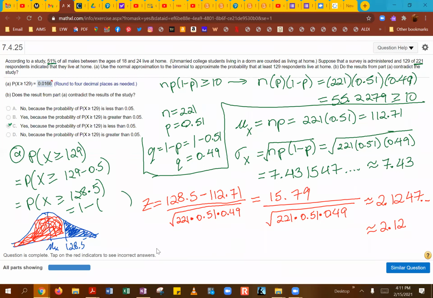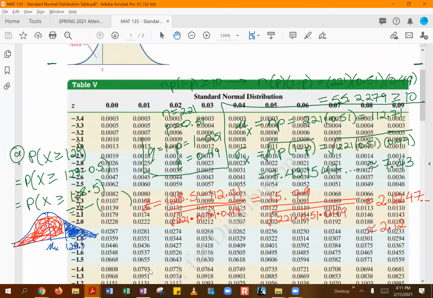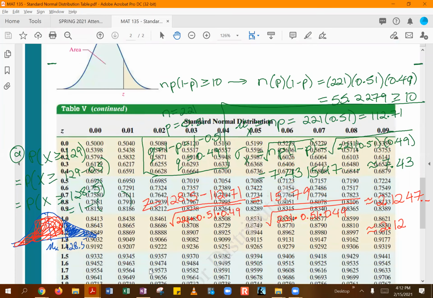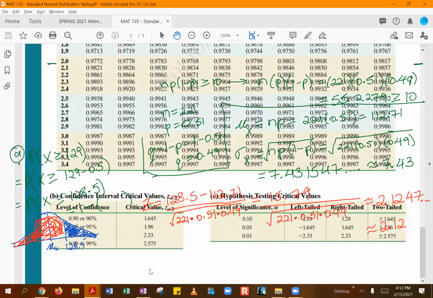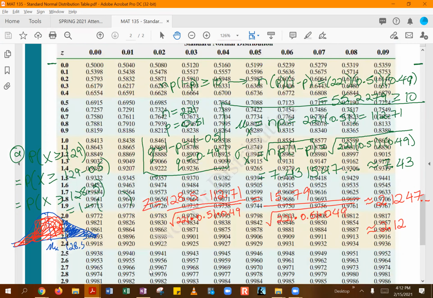I have downloaded the standard normal distribution table over here, and we need to go to positive 2.12. So I need to go towards the positive side. I know it's going to be a little difficult to see with all of this, but we need to be in the third column over here for the 0.02.